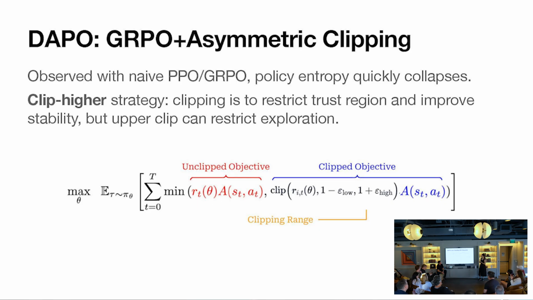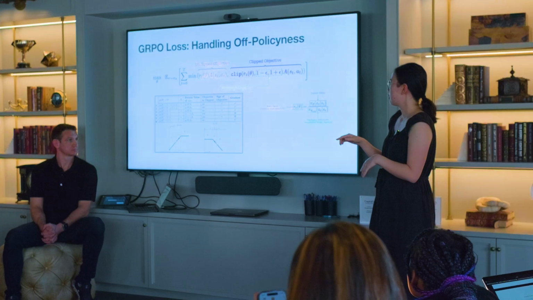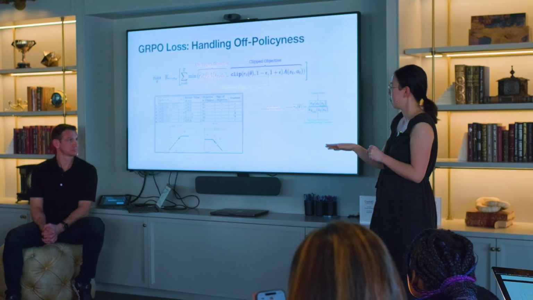So there's the very popular GRPO. How they handle this ratio is they clip it. Ideally we want this ratio to be about 1, because ideally the sampling policy and the training policy are pretty close to each other. But sometimes it can get a bit too all over the place. So in GRPO, they clip this ratio to between 1 minus epsilon and 1 plus epsilon.